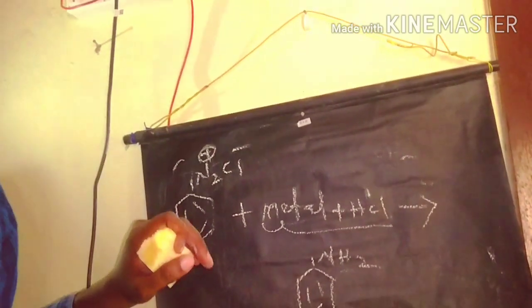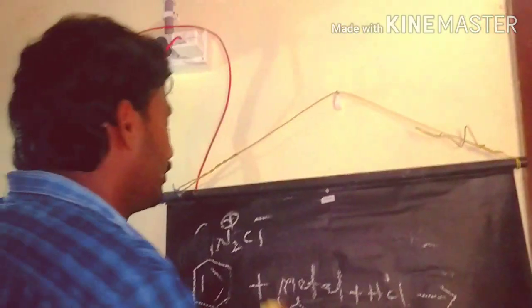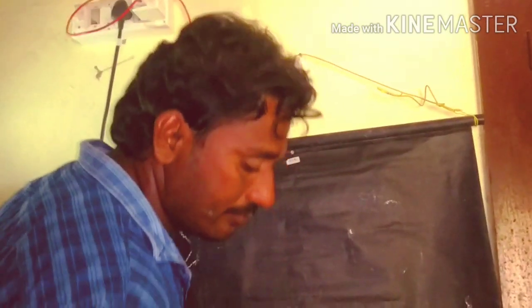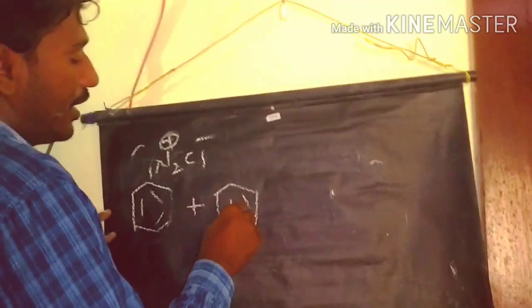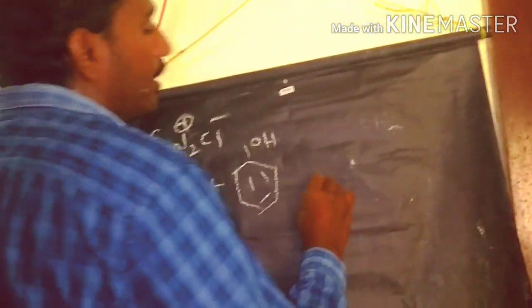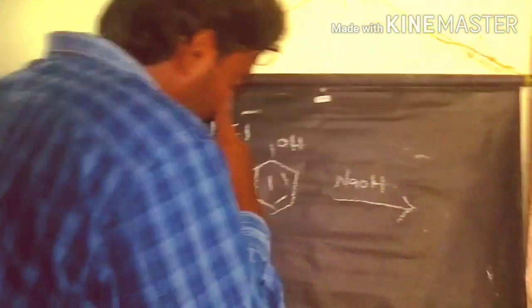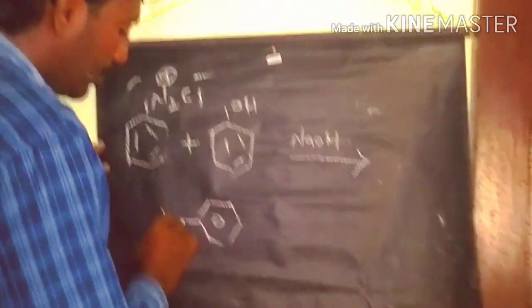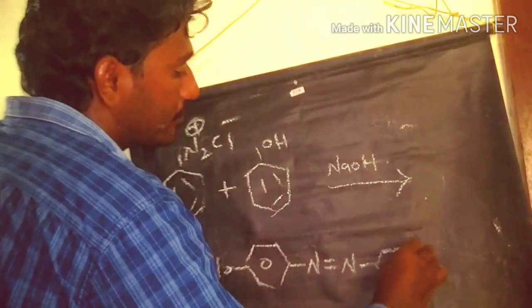Let's see the reaction of phenol in the presence of OH, a basic medium, giving para-hydroxy azo dye. For example, if phenol reacts with the aryl diazonium salt in the presence of a strong base like sodium hydroxide, the product we get is para-hydroxy azo dye.